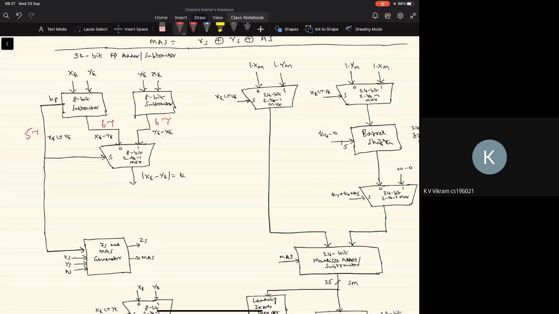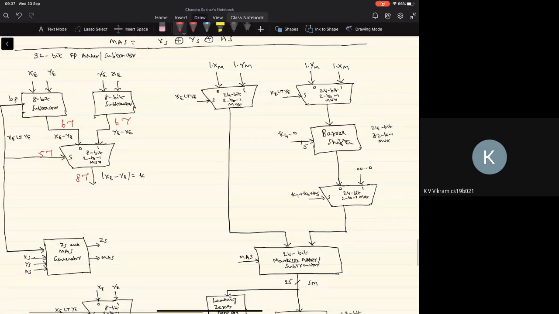So again, you can verify that the delay of the multiplexer is only 2 tau. And this input is available at 5 tau. The data inputs are available at 6 tau. Once the data inputs are available, after 2 tau delay, this K will be available. Meanwhile, let's mark the outputs for the other parts of the circuit here.